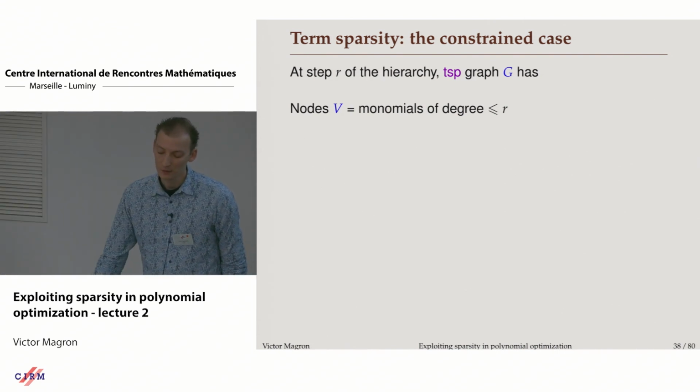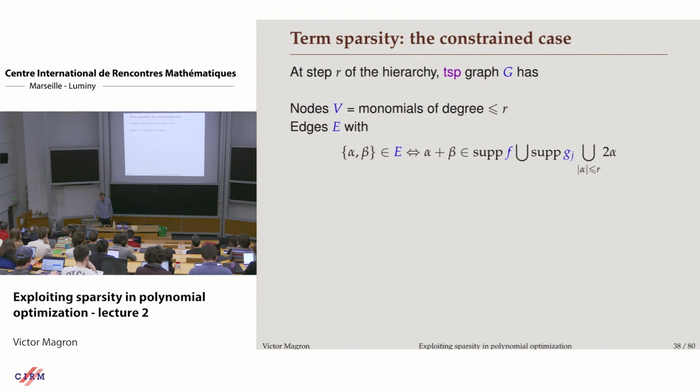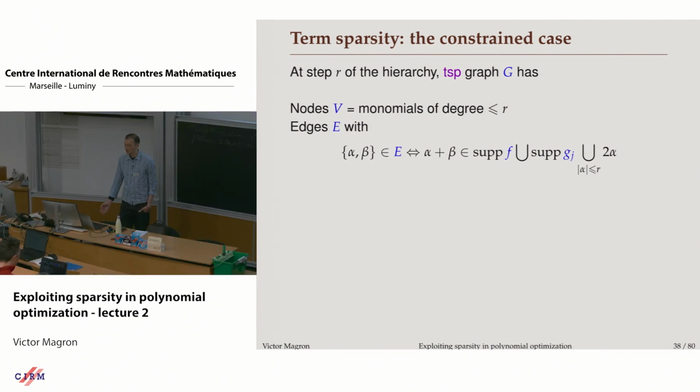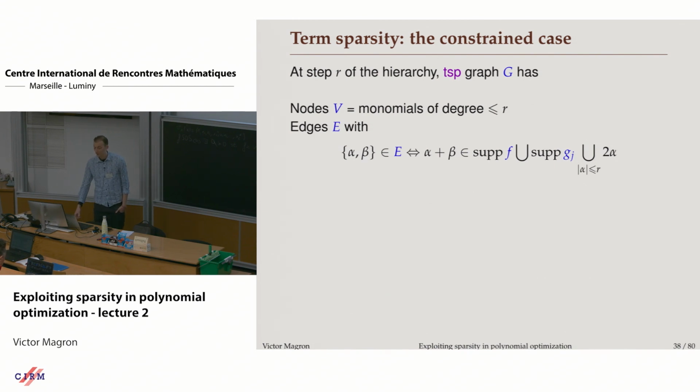At the beginning, you take this vector of monomials, you take everyone, and then, again, you draw the graph and the chordal extension of this graph. The condition on the support is a bit more complicated because you need to check that potential products appear either in F or in the GJs, so one of the constraints. And of course, you also need to add edges if you have squares.